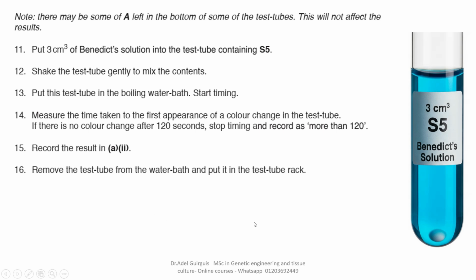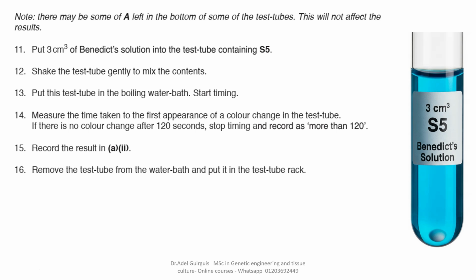Some residue, some white precipitate here does not affect the results. Shake the test tube gently to mix the contents, the sucrose solution and the Benedict solution. After shaking, put this test tube in the boiling water bath.